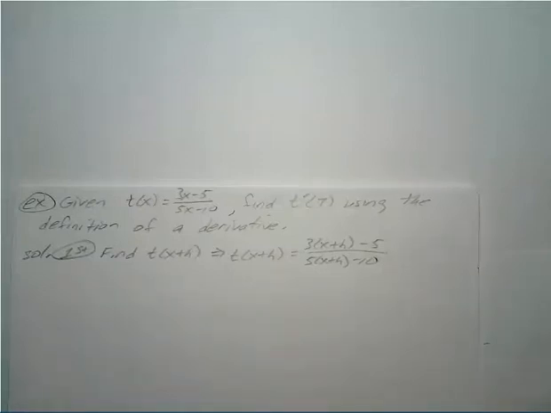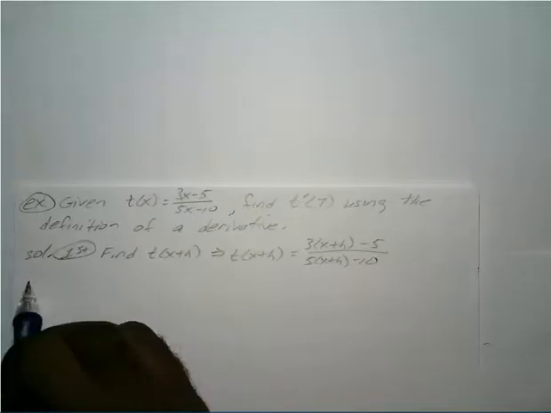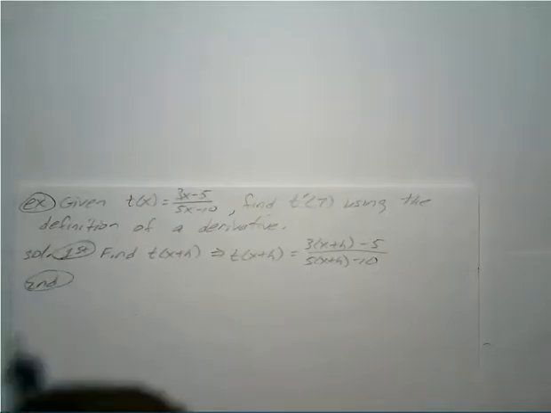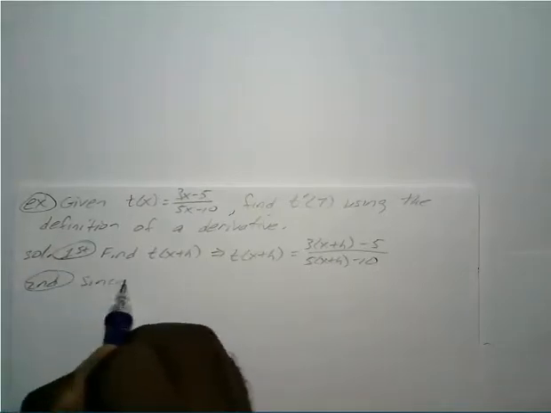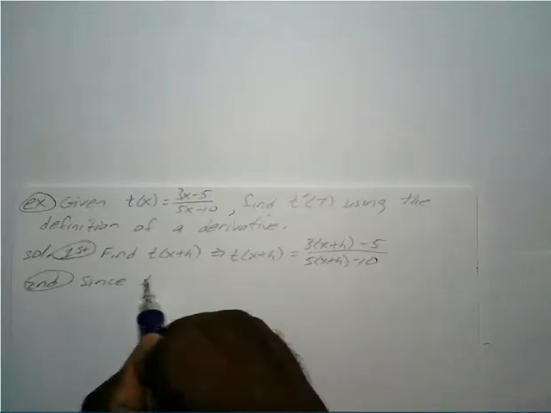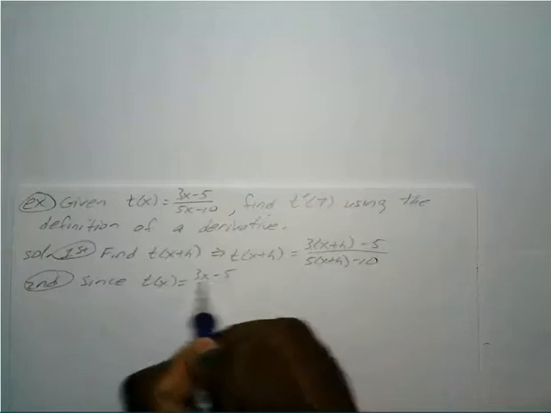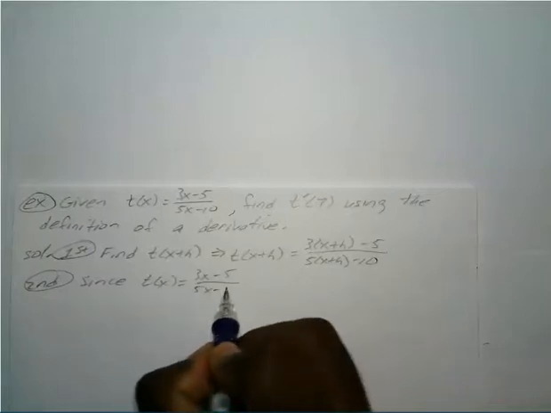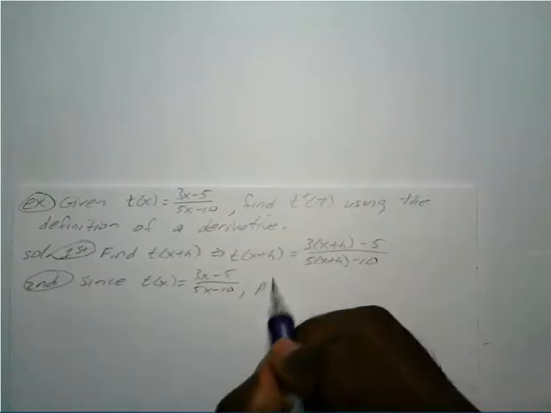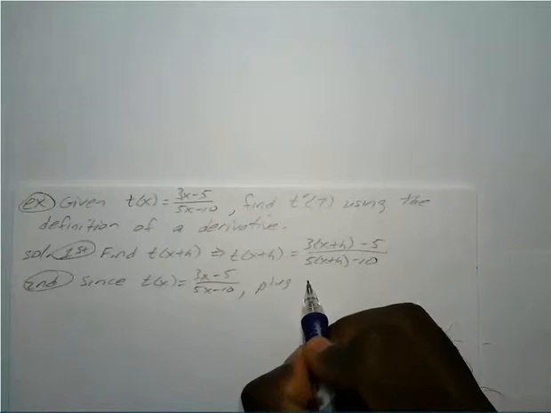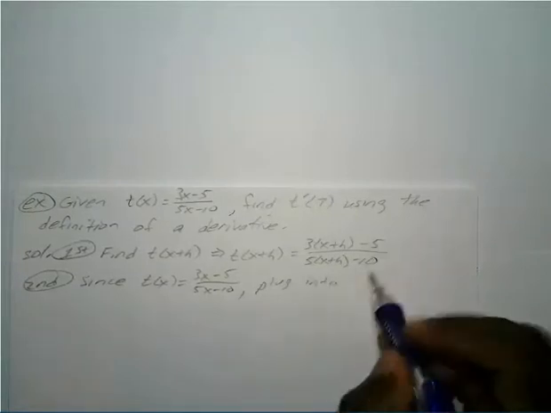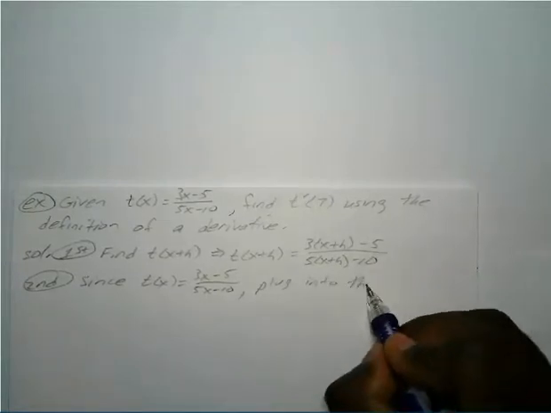All right, so move on to our second step. Since we know that our t of x is 3x minus 5 over 5x minus 10, we just plug into the definition.